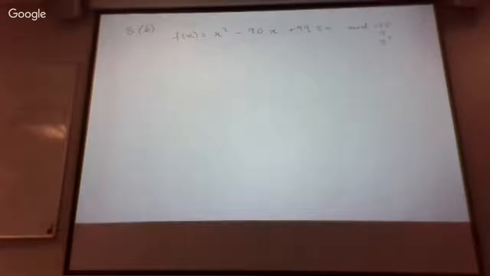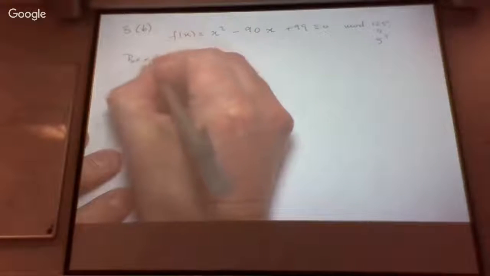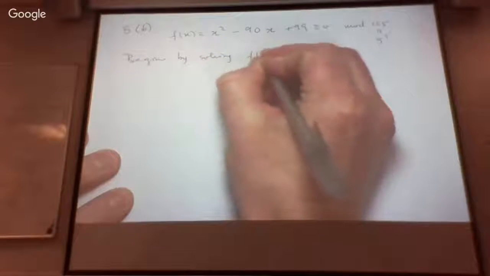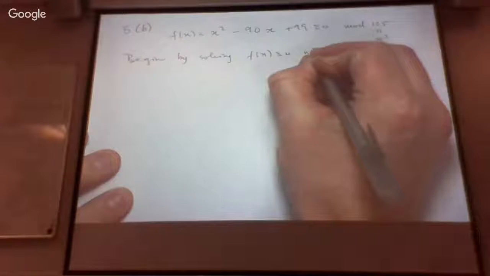Doing this, we begin by solving f of x congruent to 0 modulo 5.